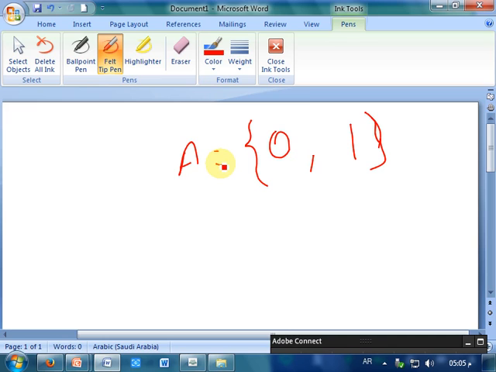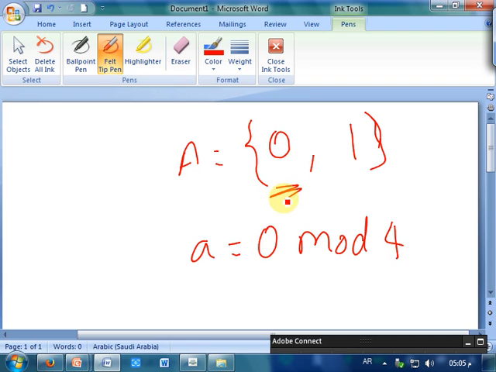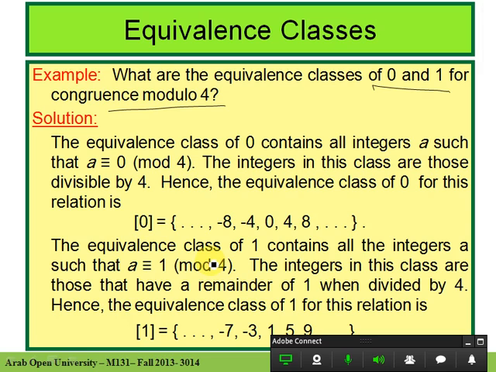So it means a mod 4 should give 0. We have to find the class of 0 and the class of 1, two different elements. 0 is different, 1 is different. We will try first 0 and then the other.